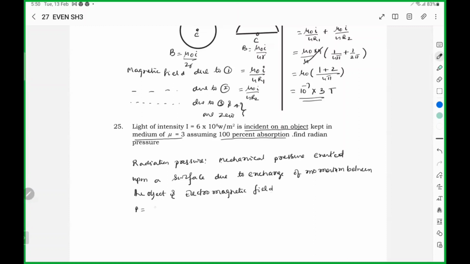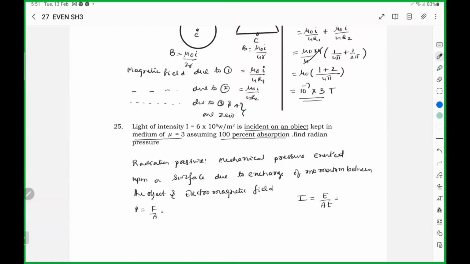So let us write the basic formula. Intensity of an electromagnetic wave is defined as the amount of energy incident per unit area per unit time.